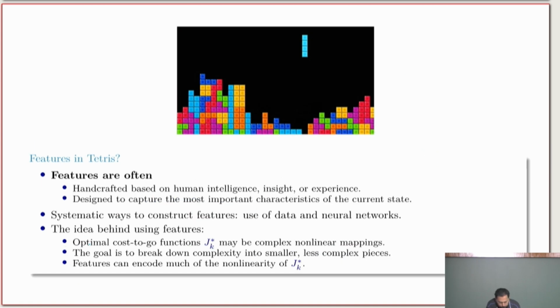So if we have to build something to play this game, one way to do this is to build some handcrafted features. And how do these handcrafted features come? Using some experience, let's say. It may be based on the intelligence of some expert.